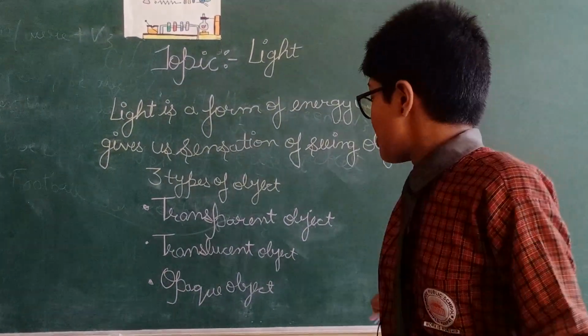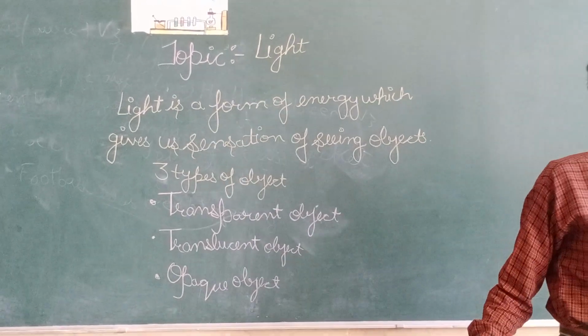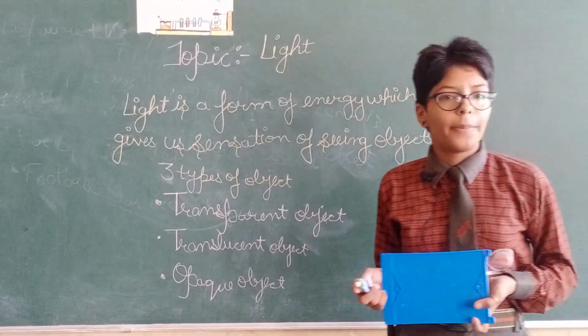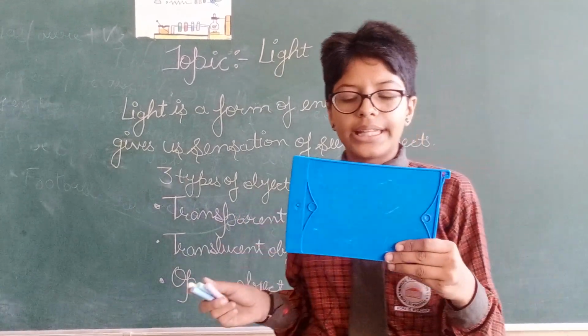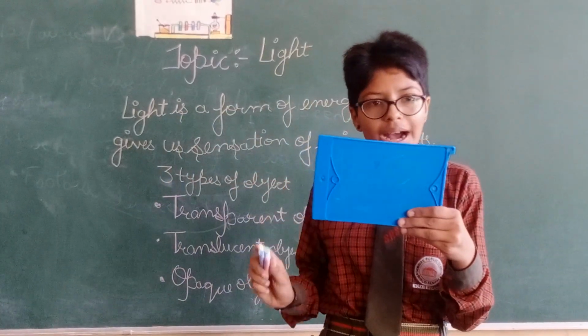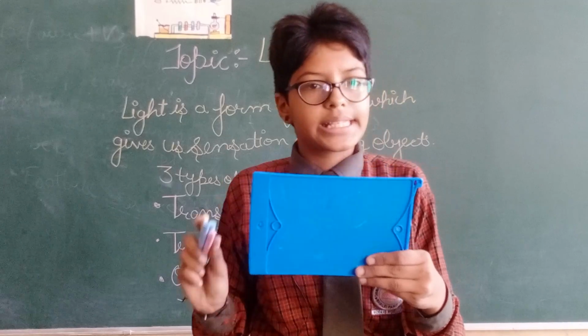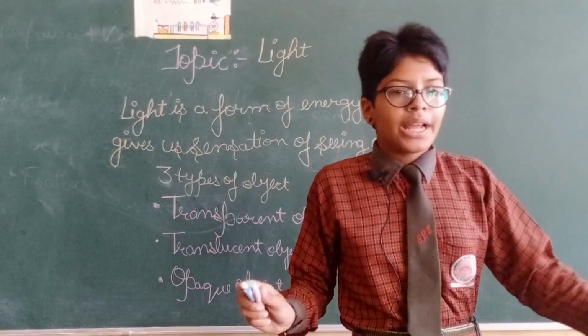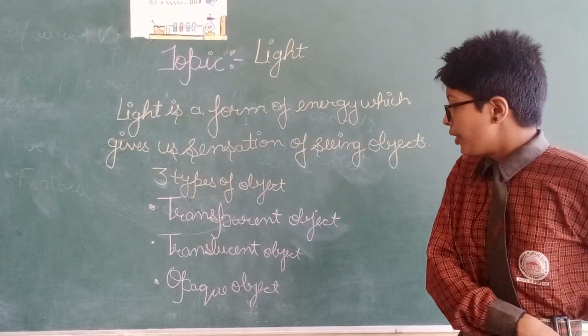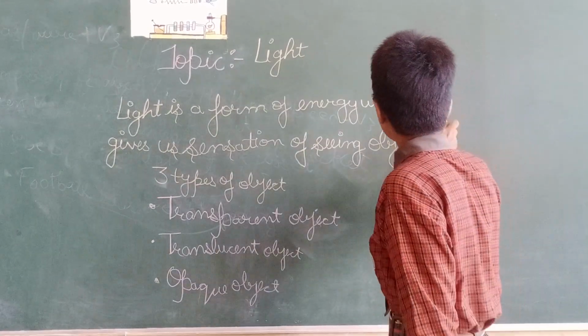Now the last one is an opaque object. In this you are not able to see the chalks and light is not able to pass through it. So this is an example of an opaque object. I hope this is clear to you. Now we will move on.